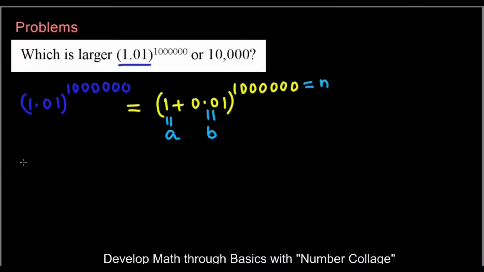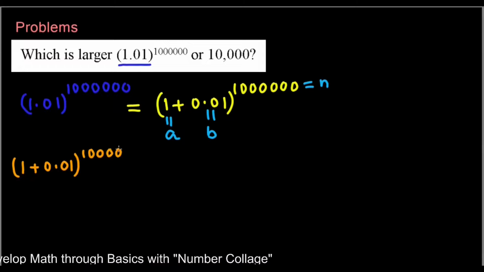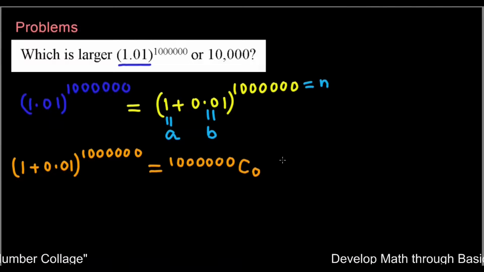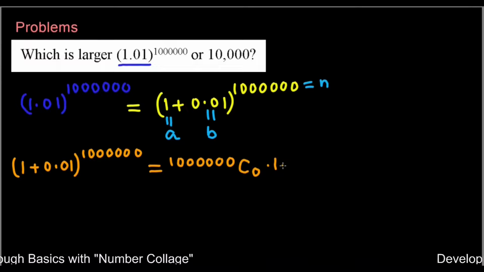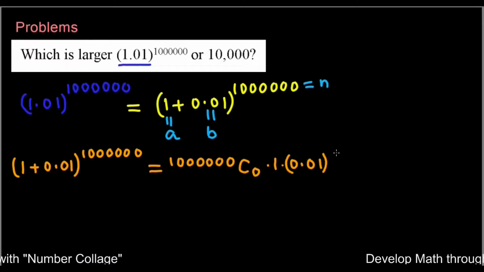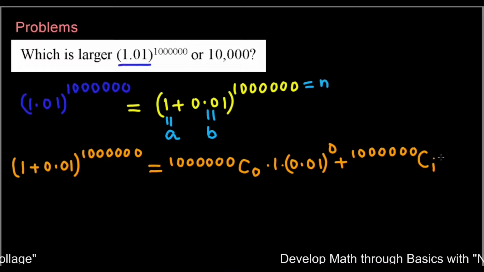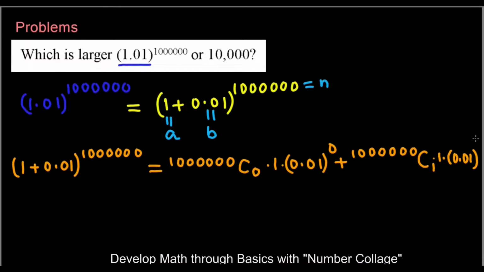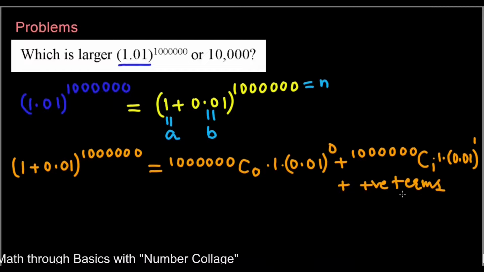So the binomial expansion of 1.01 raised to 1 million will be 1 million C0 into 1 raised to 1 million, which will be 1 only, into 0.01 raised to 0, plus 1 million C1 into 1 raised to 1 million minus 1, which will be 1, and 0.01 raised to 1, plus the remaining positive terms, which need not be calculated.